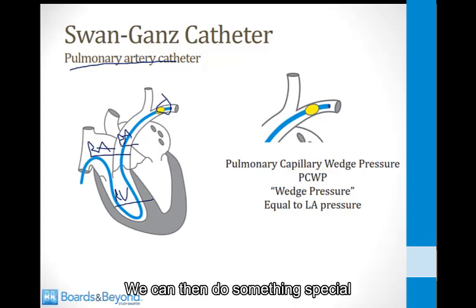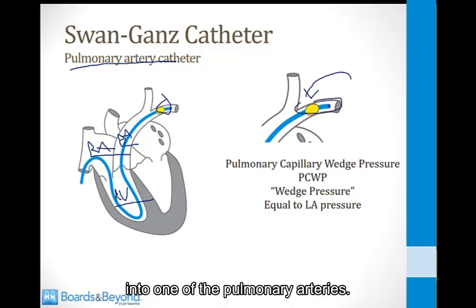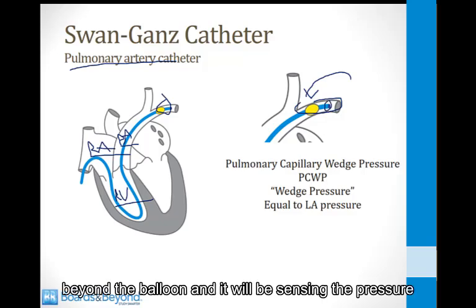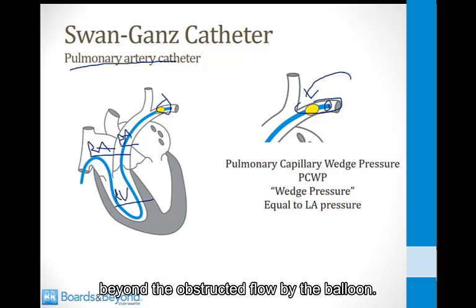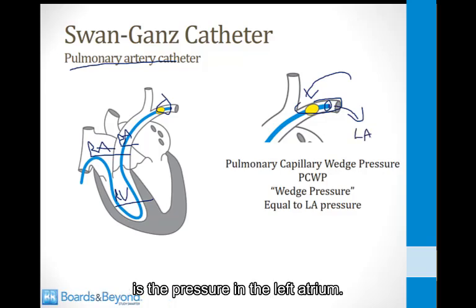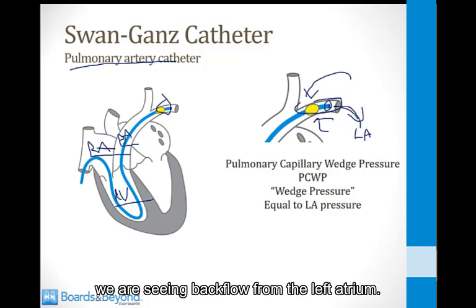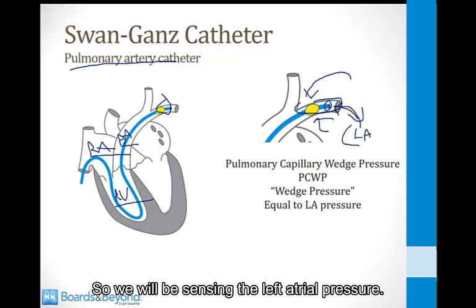We can then do something special called wedging the catheter. To do this, you inflate a balloon at the tip of the catheter, and you wedge the catheter into one of the pulmonary arteries. At this point, the tip will be beyond the balloon, and it will be sensing the pressure beyond the obstructed flow by the balloon. And the pressure beyond that obstructed flow is the pressure in the left atrium. Beyond this obstruction here in the pulmonary artery, we are seeing backflow from the left atrium, so we will be sensing the left atrial pressure.